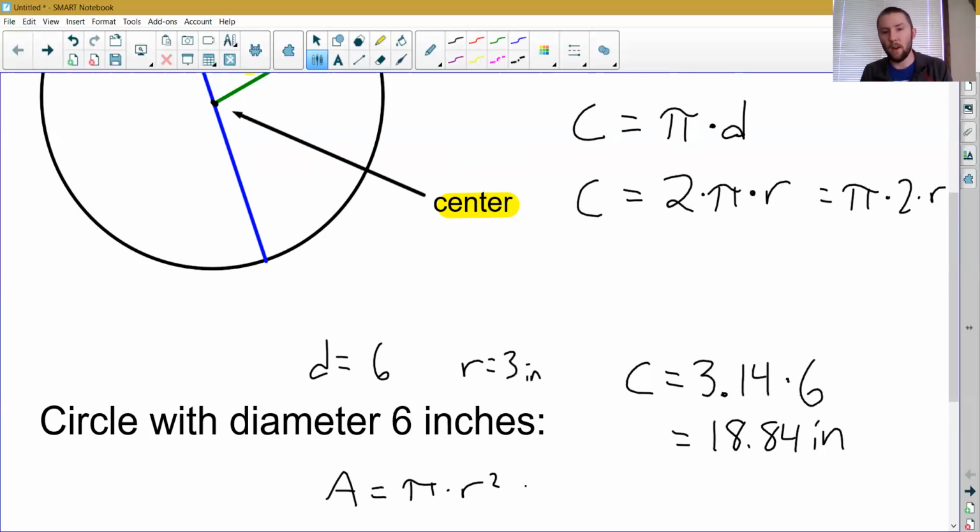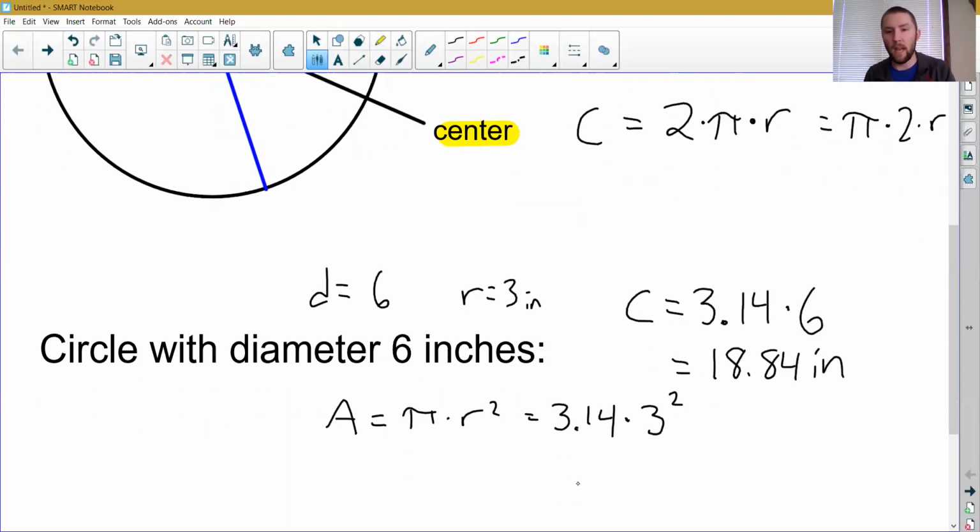So when I find the area, I'm really doing pi, which is approximately 3.14, multiplied by my radius, which is 3 squared. Okay, so the area then is 3.14 times 9, because 3 squared is 9.